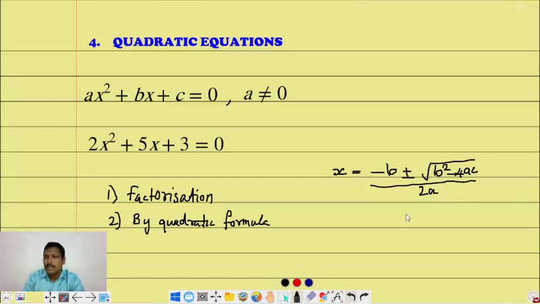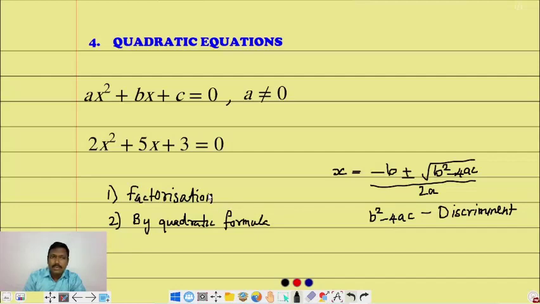Here b square minus 4ac is called the discriminant. Using this formula we can find the solution of the quadratic equation. Solution means roots, which means the values of x. So the values of x can be found by the formula or by factorization. Only two methods you have to study.